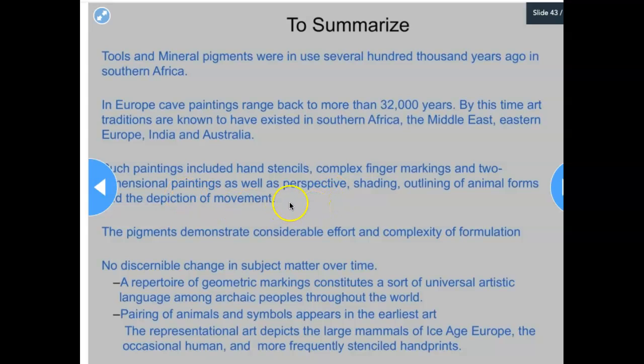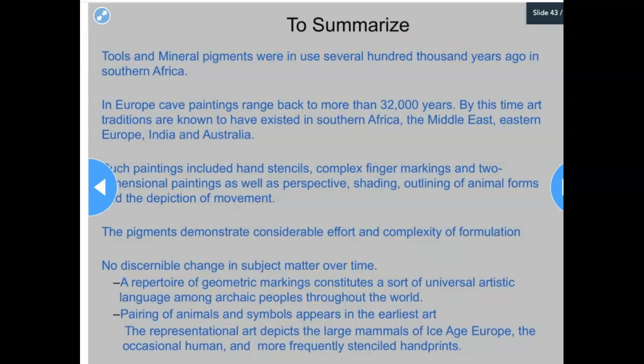The paintings included stencils and complex finger markings and two-dimensional and three-dimensional work, trying to create perspective and shading, very sophisticated. The pigments, which means the colors, demonstrate a pretty complex understanding of how to get different colors, and the subject matter does not change, right? For thousands of years, these people are doing the same thing.